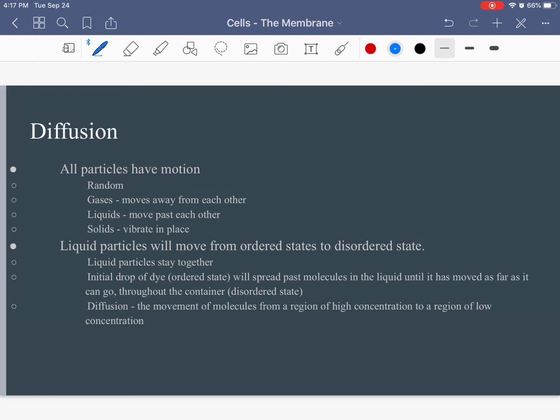Now, how do we get materials into the cell? The structure of the cell membrane is such that it is selectively permeable, which means that some things can come in and some things cannot.